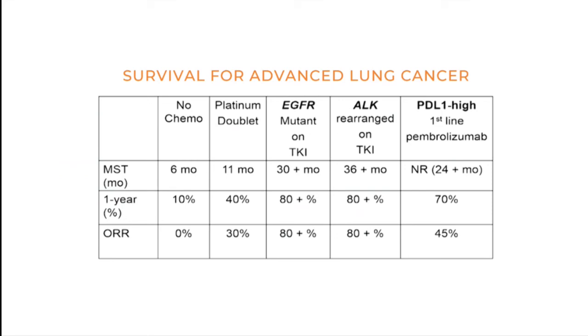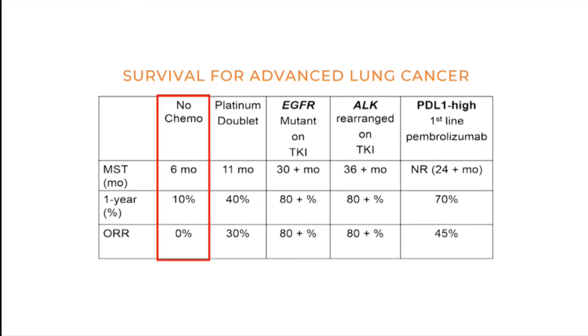This is a neat table I want to bring to your attention that really highlights how the outcomes of patients with advanced lung cancer have really changed over time with the advances in treatment and with the development of novel therapies.